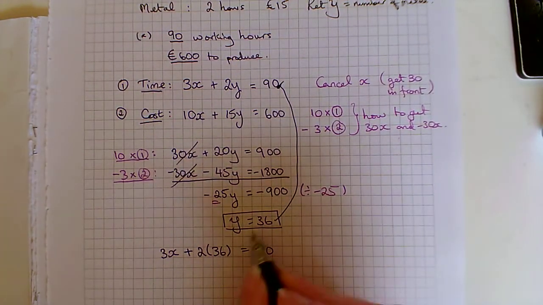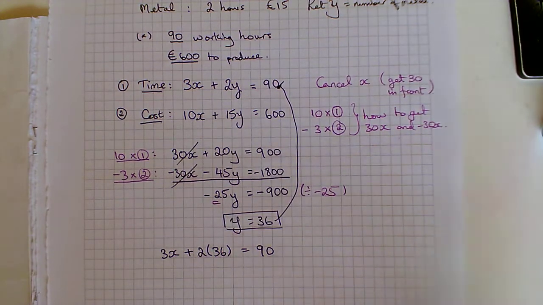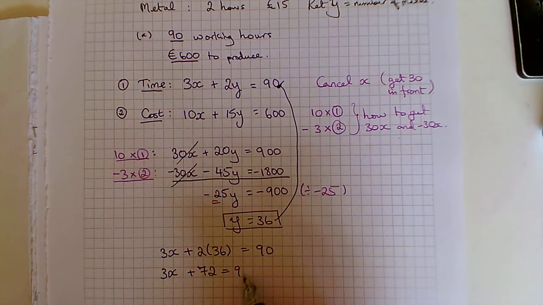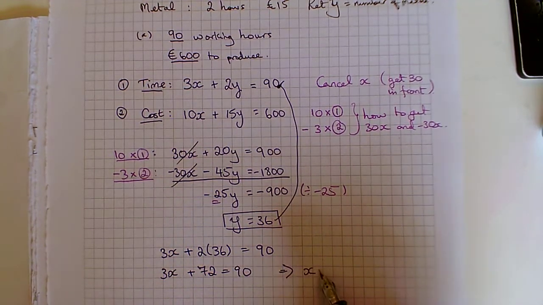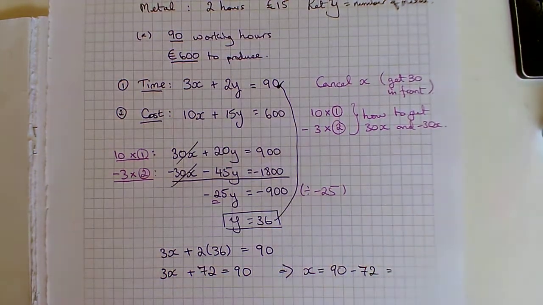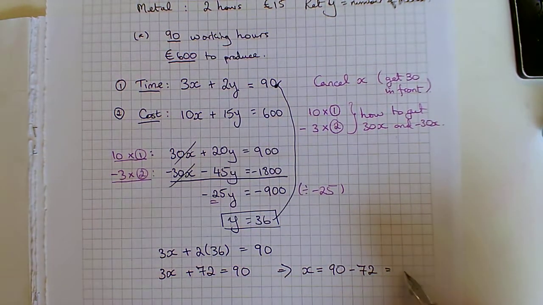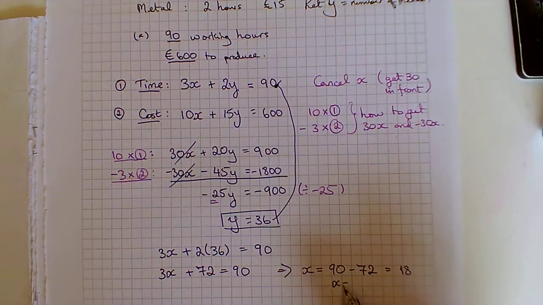So we know the time now to manufacture the metal parts will be 2 hours by 36 of them, 72 hours. So 3x plus 72 equal to 90, which means that x is equal to 90 minus 72, which is 18. X is equal to 18.